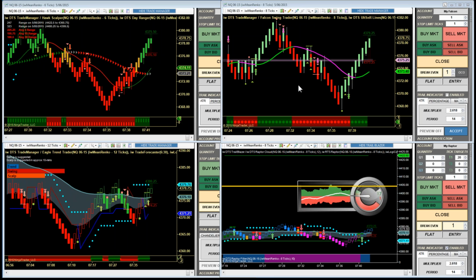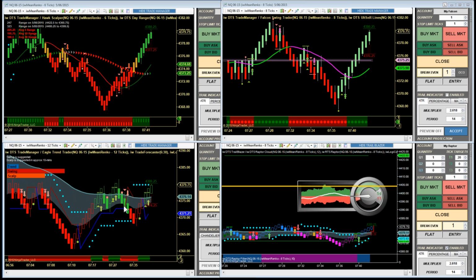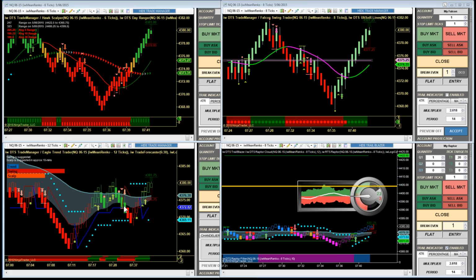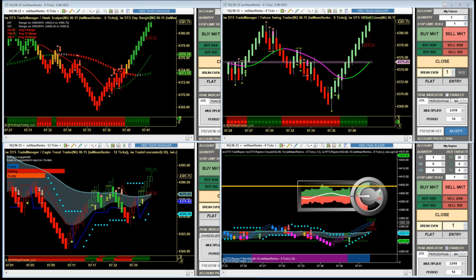If you buy the Falcon Swing Trader, not every day is going to be a swing trading day. And if you get the Hawk Scalper, well, almost every day is a scalping day, but sometimes you may miss out on larger moves because you don't have the Eagle telling you that there's a bigger move coming, and so on. So that's, again, the premise of why the 3 tools were developed.